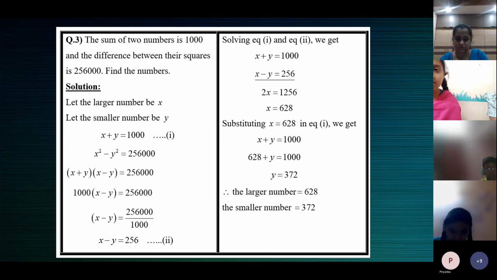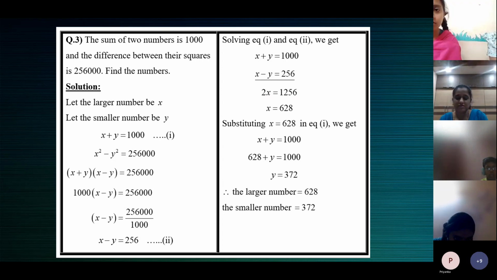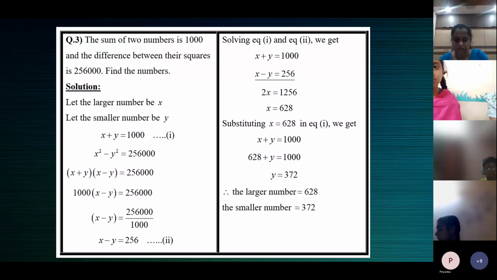Ma'am, I can't understand. Your assignment on trigonometry, I just went through. Yes, ma'am. The last part you have not completed, or maybe you've forgotten to take a picture. Okay, ma'am, I'll check. No problem. You would have finished, I know. Might have forgotten to take the picture. Yes, ma'am.